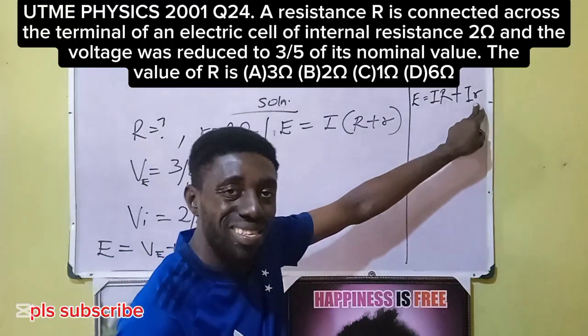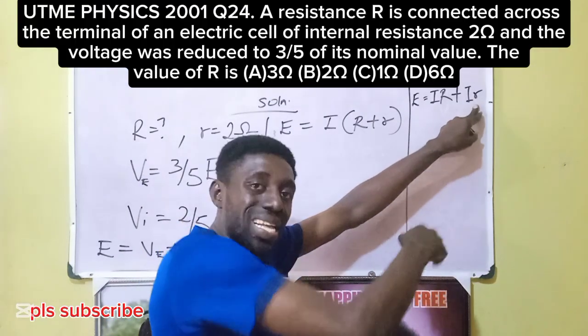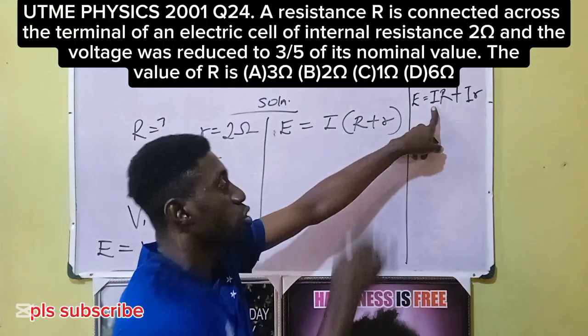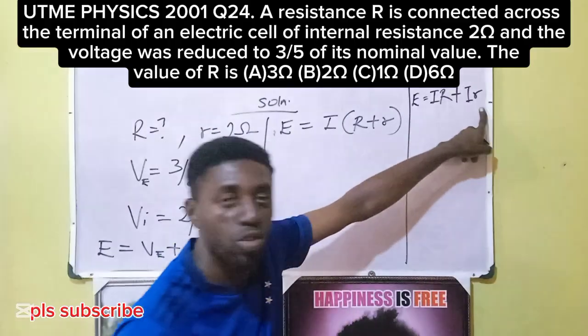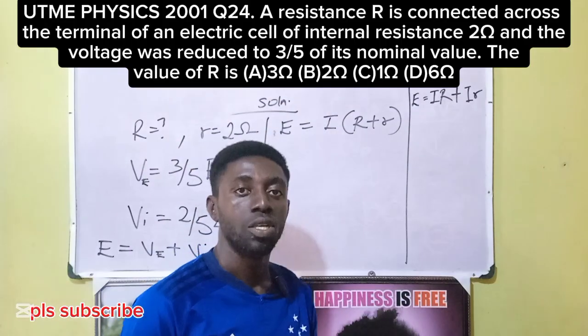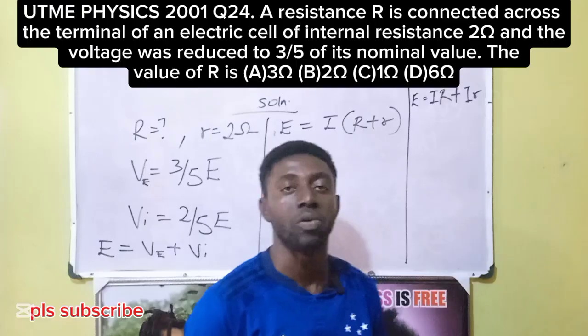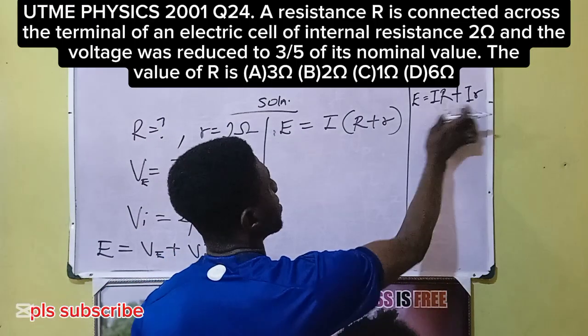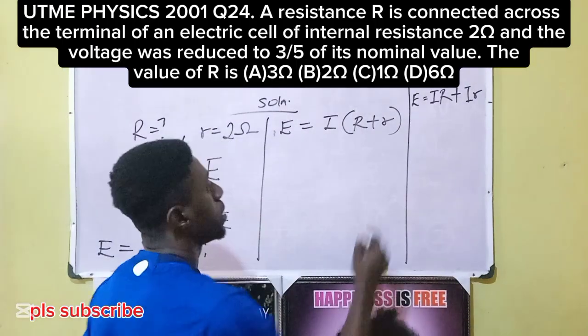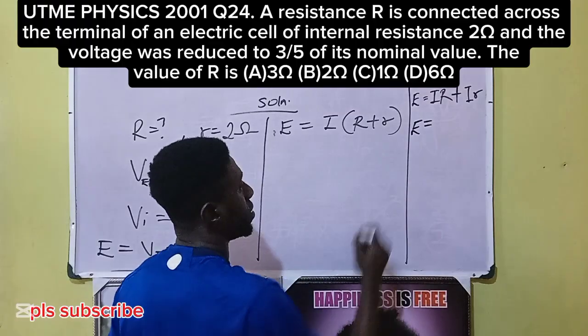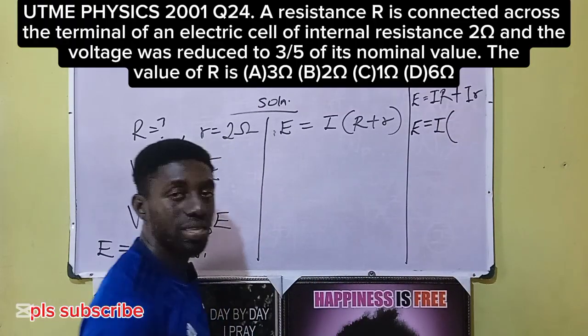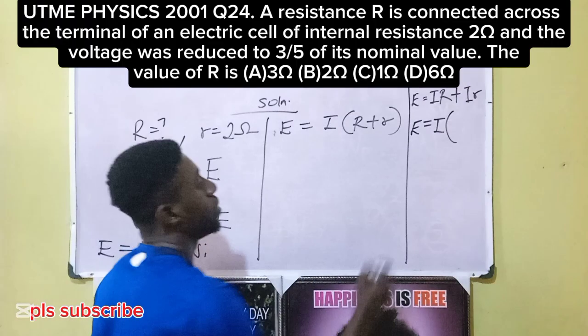So the voltage wasted inside the cell and the voltage supplied to the circuit, join both of them together, you get your EMF, the total energy housed in the cell. Then since current is the same in series connection, E is equal to, factorize, I comes out, we'll be having R plus small r.